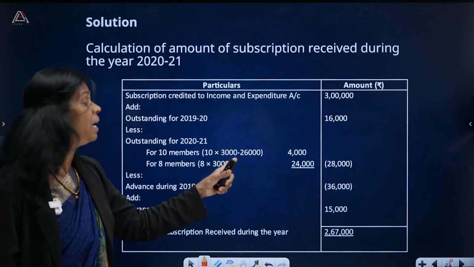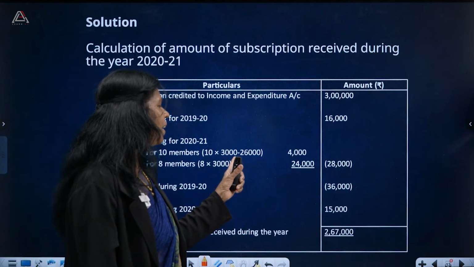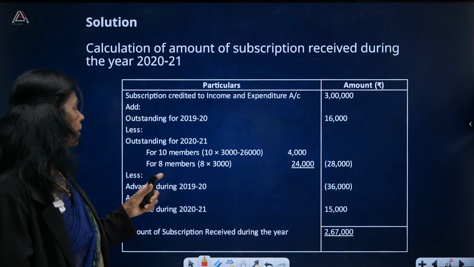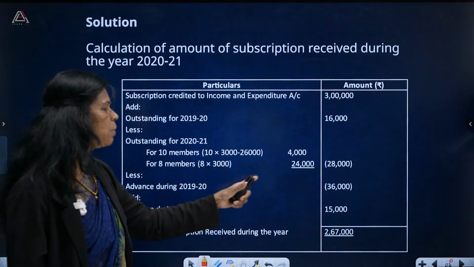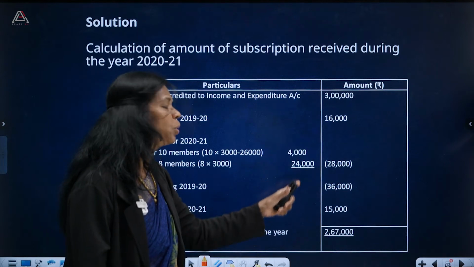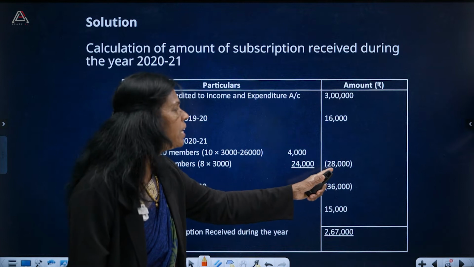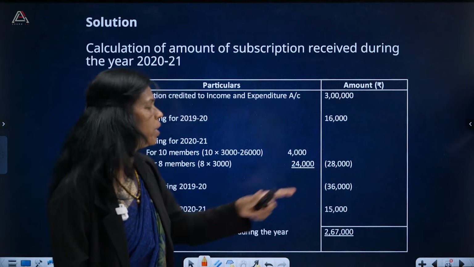So 30,000 minus 26,000, how much? 4,000. Similarly 8 members, 8 into 3,000, that is 24,000. So total arrear, current year arrear is how much? 28,000. So from that total we have to minus 28,000.